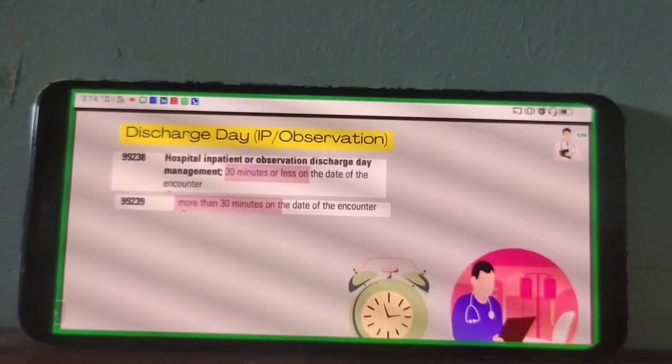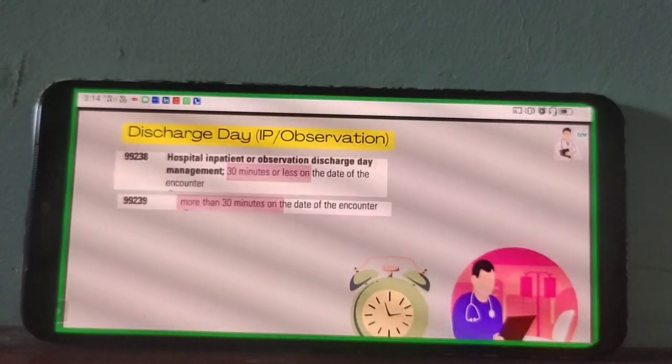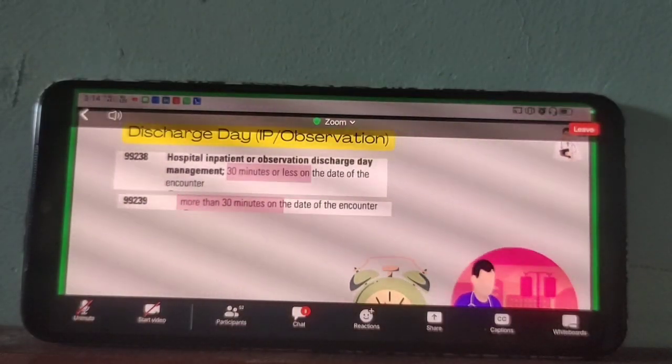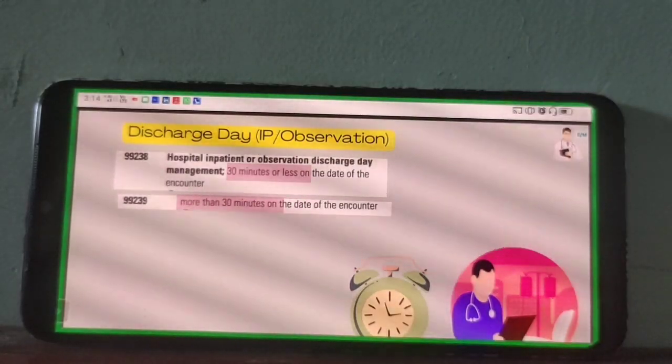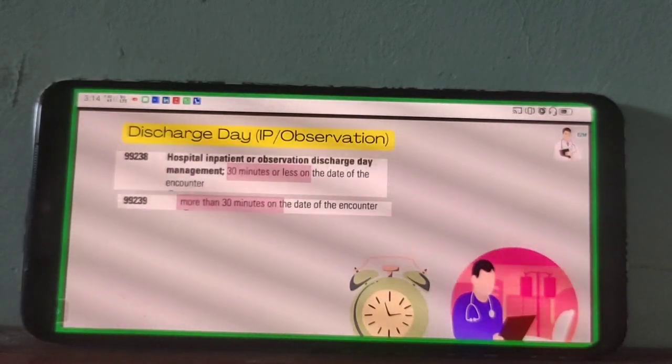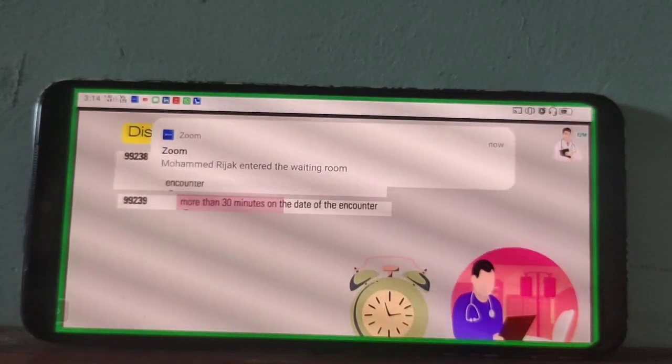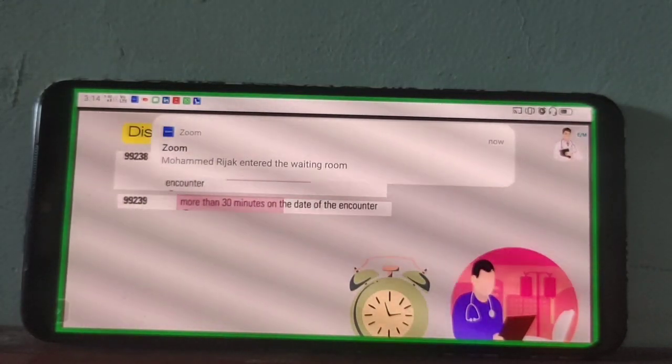The discharge code does not mention the hospital stay of the patient. Here, time indicates how many minutes the doctor spent on the service. That means less than 30 minutes, or 30 minutes, the doctor spent the time to discharge the patient.